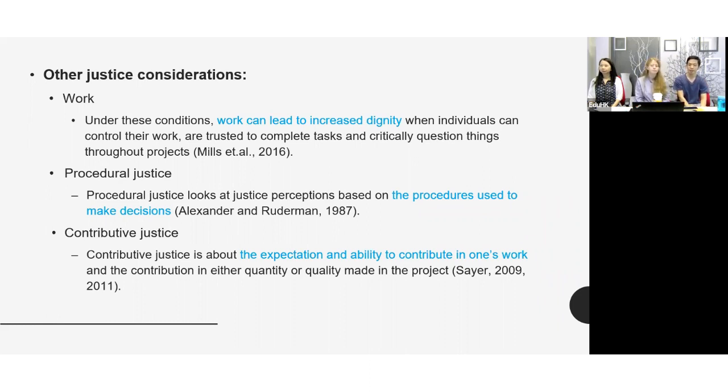Alexander and Ruderman claim procedural justice looks at justice perceptions based on the procedure used to make decisions. Third is contributive justice. Contributive justice is about the expectations and ability to contribute in one's work and the contribution, in either quantity or quality, made in the project.